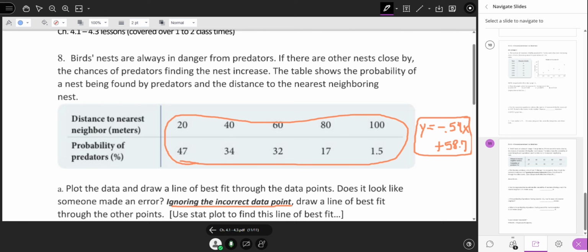There is a YouTube video in the YouTube video list that shows you how to use the stat lists to find linear regression with your calculator. And it is a wonderful video. And I dare you to look it up. And that's the end of this homework.